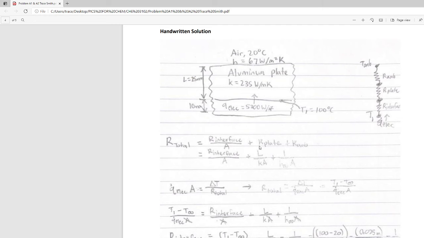And I wrote out how you do this here. And then you solve for the R total, and so you have this expression for that.